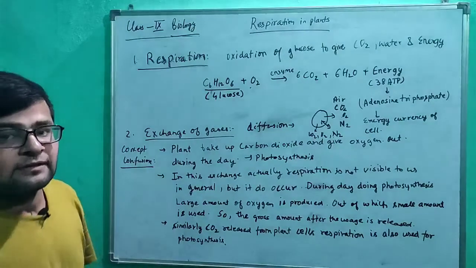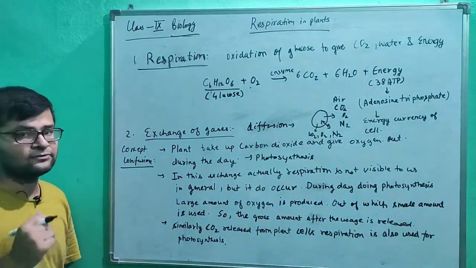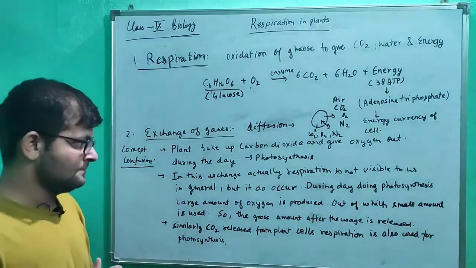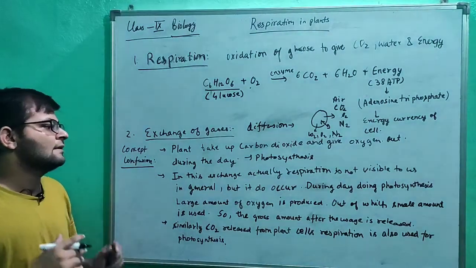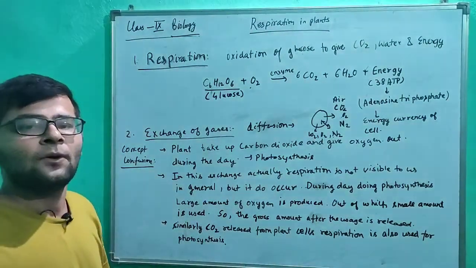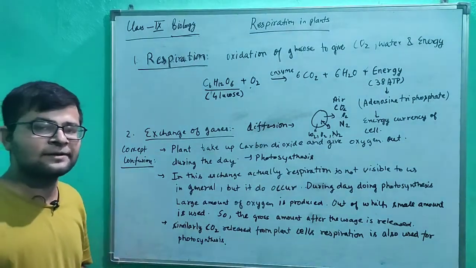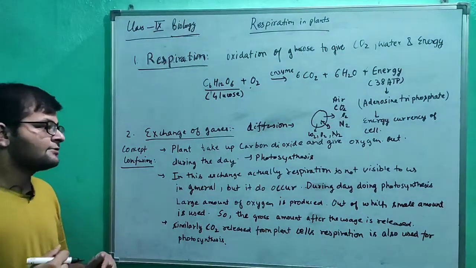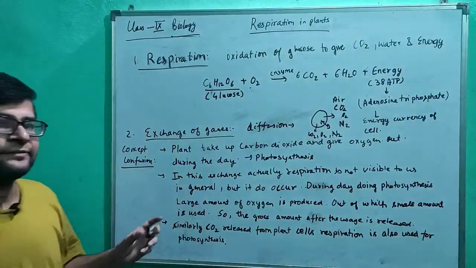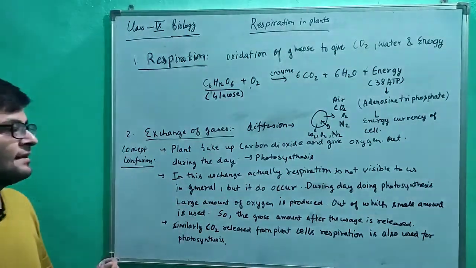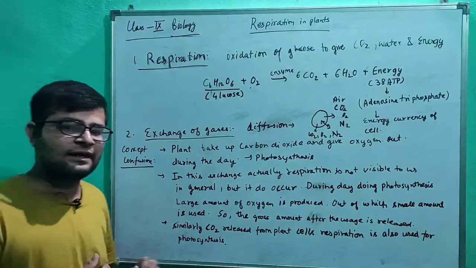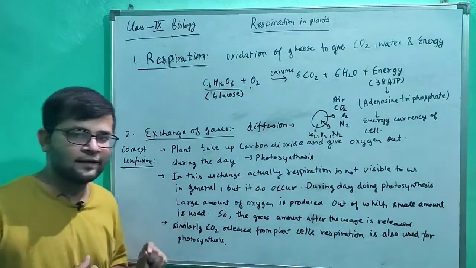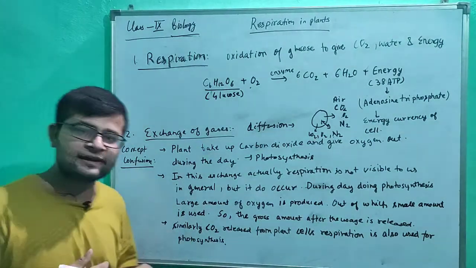And how is their respiration? Why are you saying so, sir? What happens is, plants use oxygen in a very limited amount for their energetic activities. So the oxygen that is produced during photosynthesis, from that oxygen a small amount is used up by the plant, and the rest is released outside.